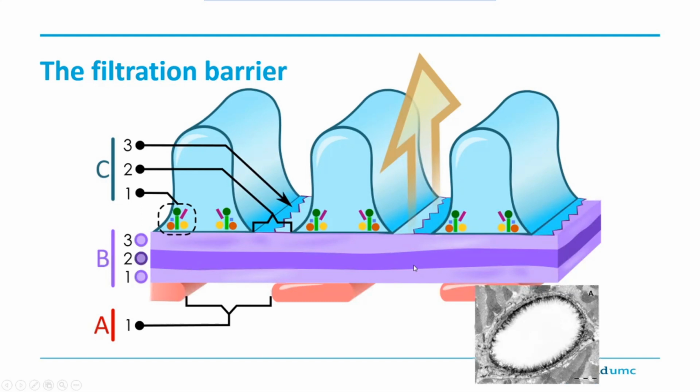And if we zoom in a little bit more, we can see a schematic overview of this filtration barrier, where in blue are the foot processes of the podocyte, in purple is the glomerular basement membrane, and on the inside, on the blood side, you've got fenestrated capillaries which have pores.